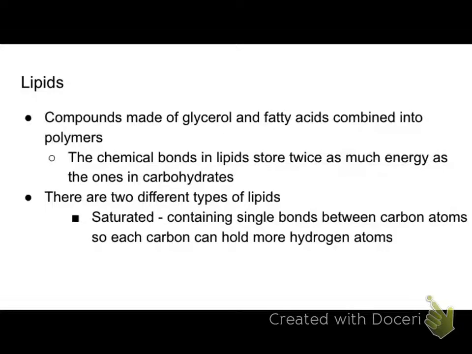So what that looks like is you have a carbon molecule, and then a single bond to the carbon molecule, and a single bond to the carbon molecule, which means that these guys can each hold several hydrogens around them, okay? Each of those lines that I drew around it represents a hydrogen that it can be bonded to.